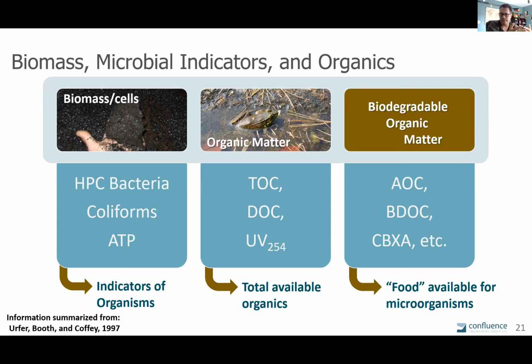Those could be AOC, assimilable organic carbon, BDOC. You maybe have seen some of these terms. And I mentioned carboxylic acids, which I abbreviate as CBXA for short. Some of these compounds help monitor the bioactivity and the efficiency of the biomass in reducing the biodegradable organic matter. So those are some of the things we're going to be looking at in the next few slides.